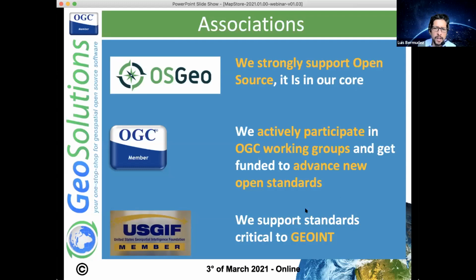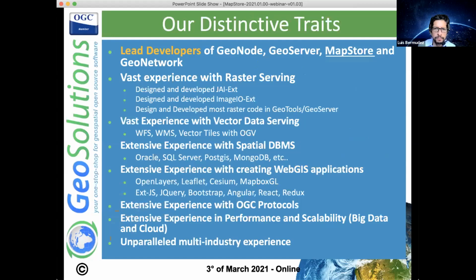And USGIF, so we support GEOINT, and we have run several training materials there. Also, we support the meeting every year. We are one of the companies that have, I think, the most developers providing support for open source, and we have lead key developers of the products that we support.